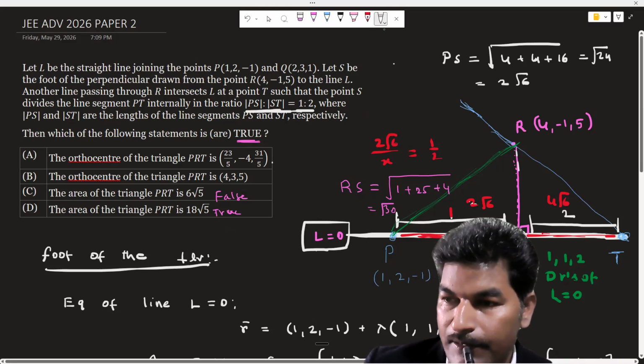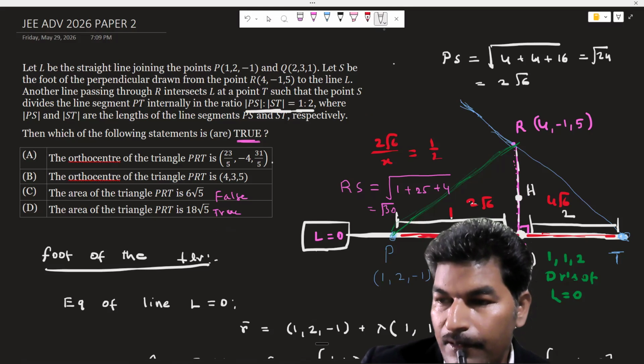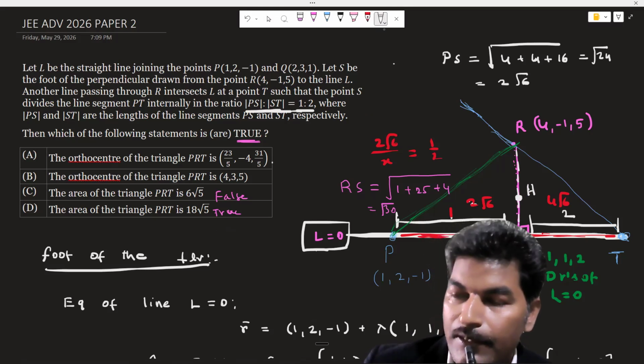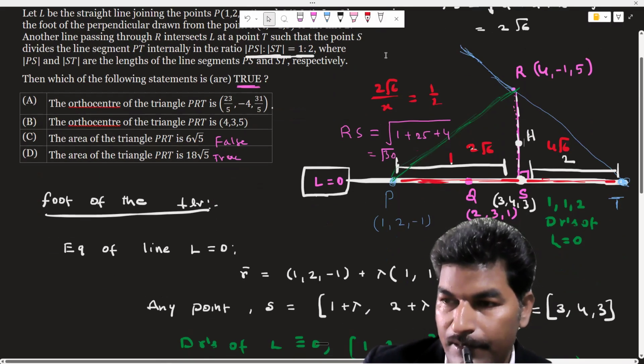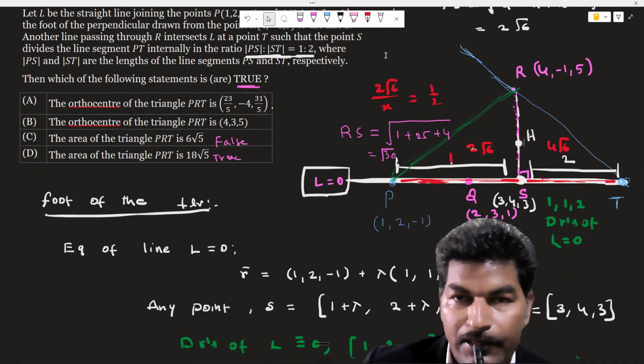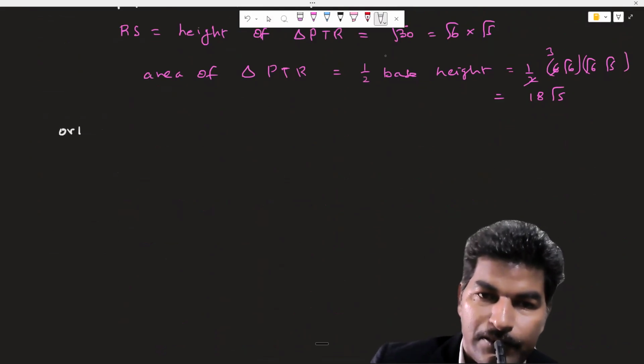And somewhere here, this orthocenter, denoted by H, lies on this RS line. So we can identify the line on which the orthocenter lies, RS. So take the points R and S together and identify an equation of RS. So let's find out the orthocenter.